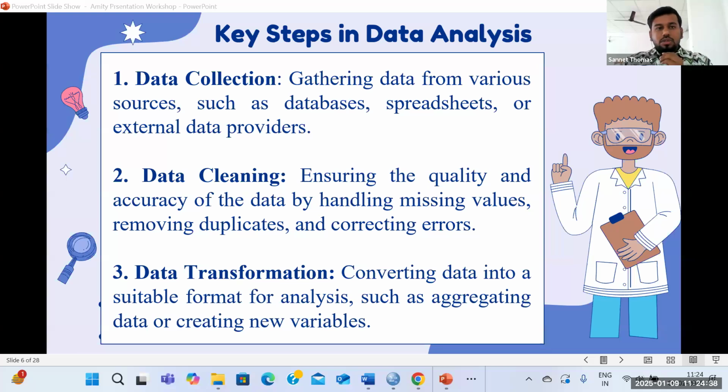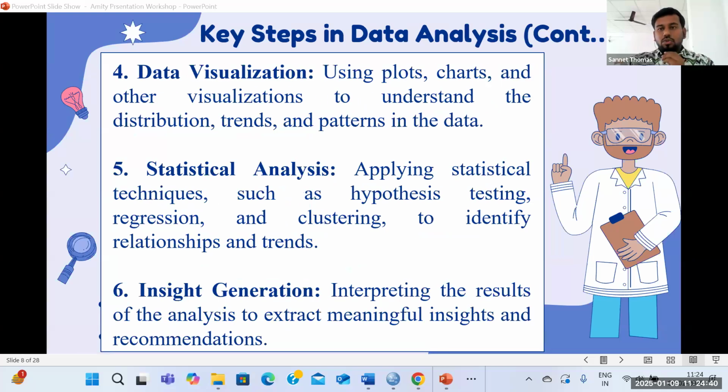And the next one is data visualization. After arranging all the data, we can use different plots, charts, and other visualization techniques. And then we can present our data and we can visualize it. And then the next step is statistical analysis. You can apply different statistical methodologies and techniques for testing the hypothesis.